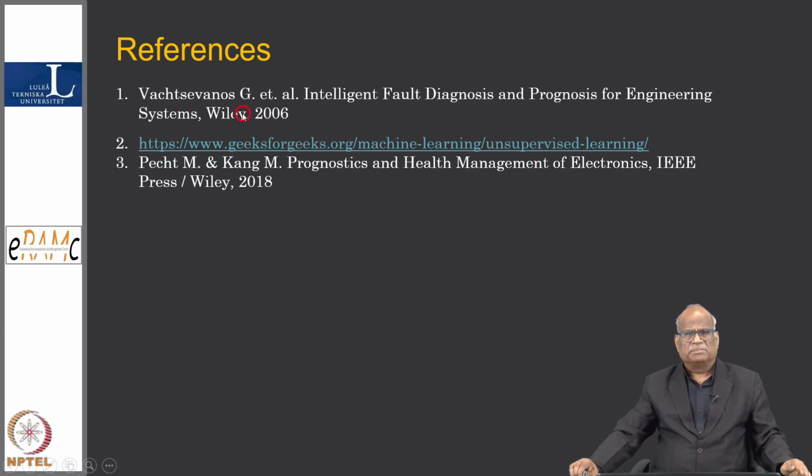And then there is a book on intelligent fault diagnosis and prognosis for engineering systems, Wiley. Because AI is a relatively new field compared to any other, resources are not few, but I would say very limited, but very important.